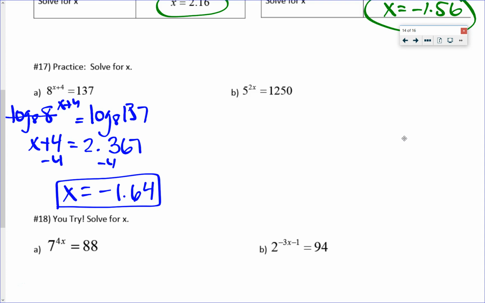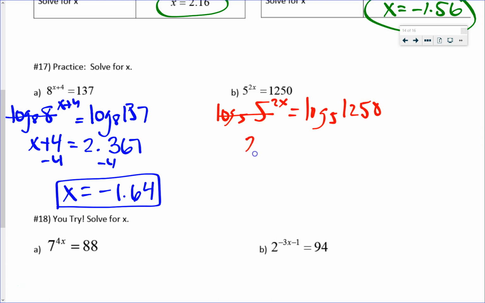All right, part B. Is anything being added or multiplied to the exponential? No. So what log are we going to bring in? Log at the base of 5. If we do it to one side, we have to do it to the other. So both sides get a log at the base of 5. Log 5 of 5 cancels.